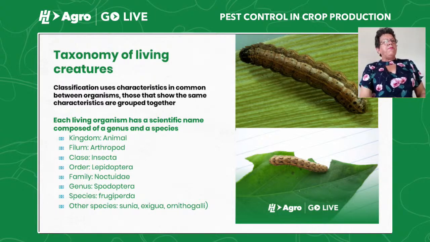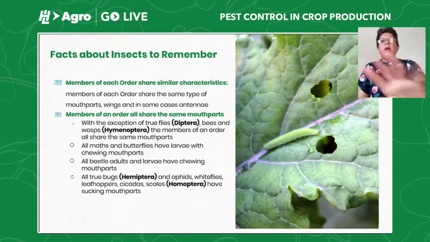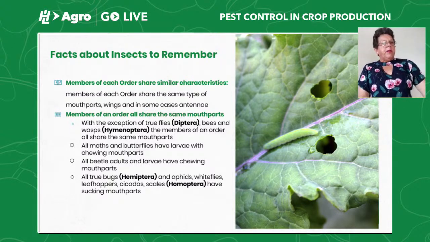I want to share with you some facts that you need to remember about insects. The members of each order share similar characteristics. Members of an order all share the same mouth parts, but we have some exceptions.